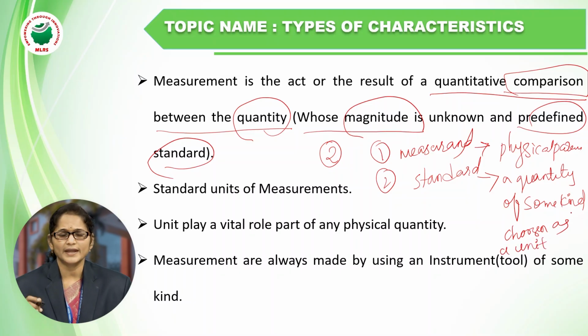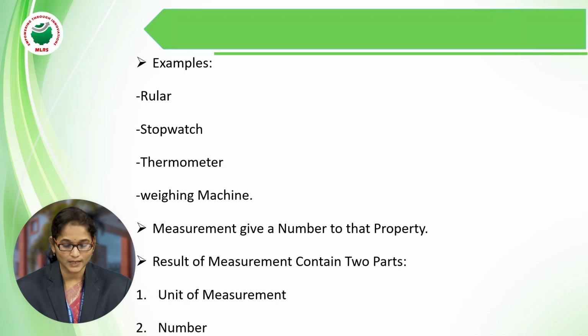For any measurement we are going to consider two things: the unit of measurement, and one more thing, the number. These are instrument examples.